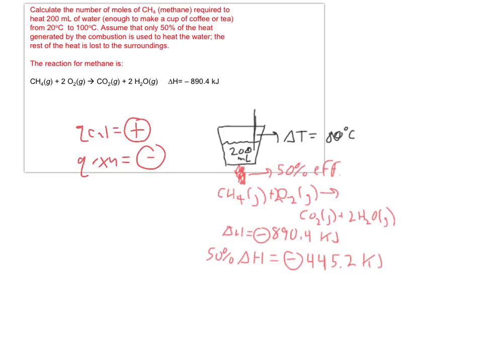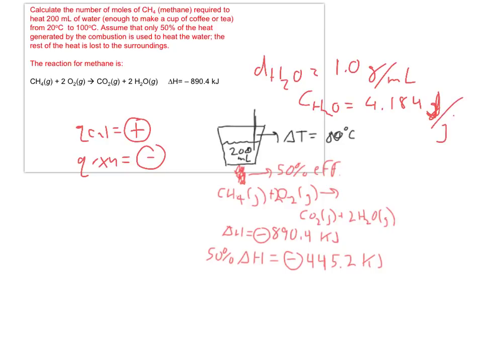So we can use either Q is equal to MCΔT or Q is equal to CΔT, just depending on the process here, but we know that we're dealing with water, and we've got 200 milliliters of it. The density of water is 1 gram per milliliter, and the specific heat capacity of water is 4.184. The previous problem is 4.18 joules per gram degrees Celsius.